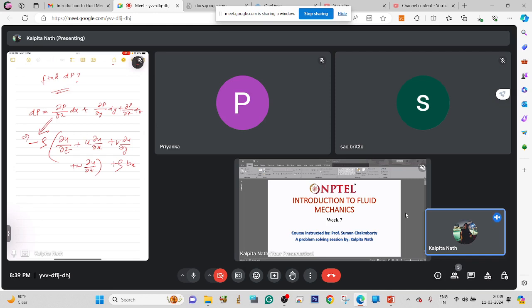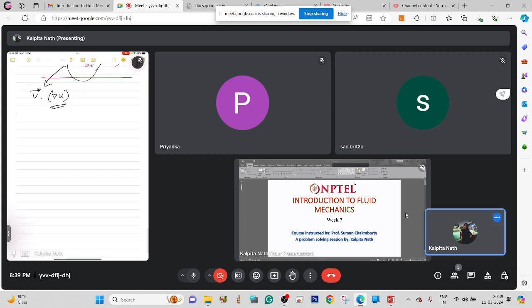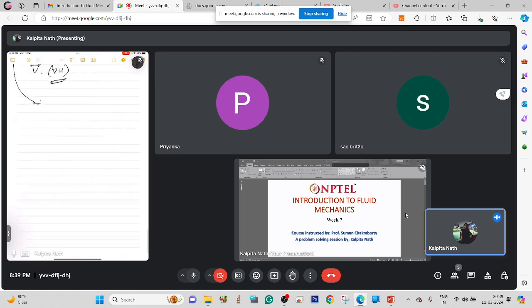So this whole equation is written here. Let me use some other color. So this one we can write in what form? This will be v vector dot del of u, right? This can be written as that. Now if we write this here, this will be dp is equal to minus density of del u del t plus v vector dot del u dx.